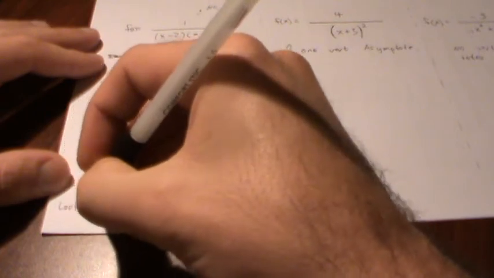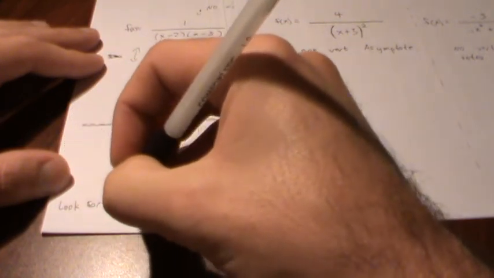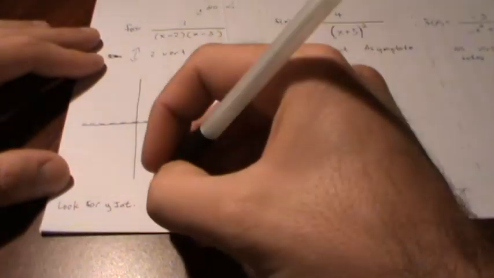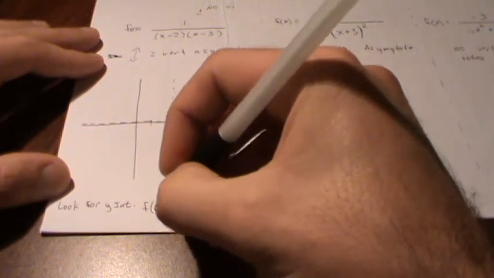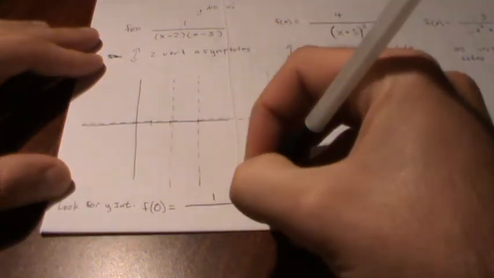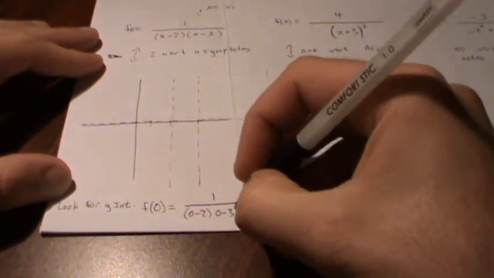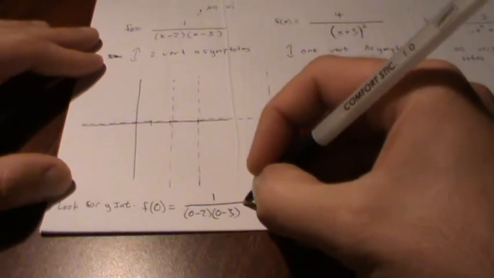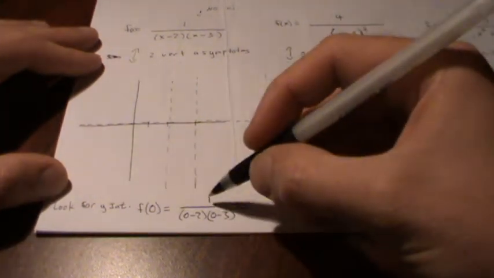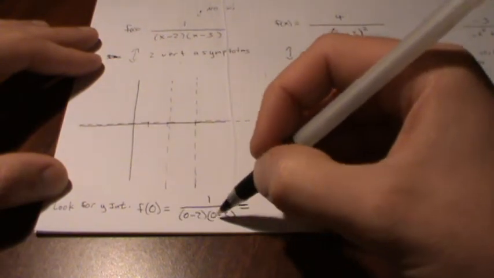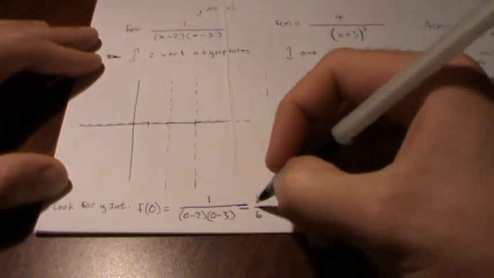And the best way to do that is to find the y-intercept. Remember the y-intercept, I set x equal to 0, so I evaluate f of 0. f of 0 is 1 over 0 minus 2 times 0 minus 3, and this is equal to 1 over a negative 6 times a negative, positive 6, 1/6.